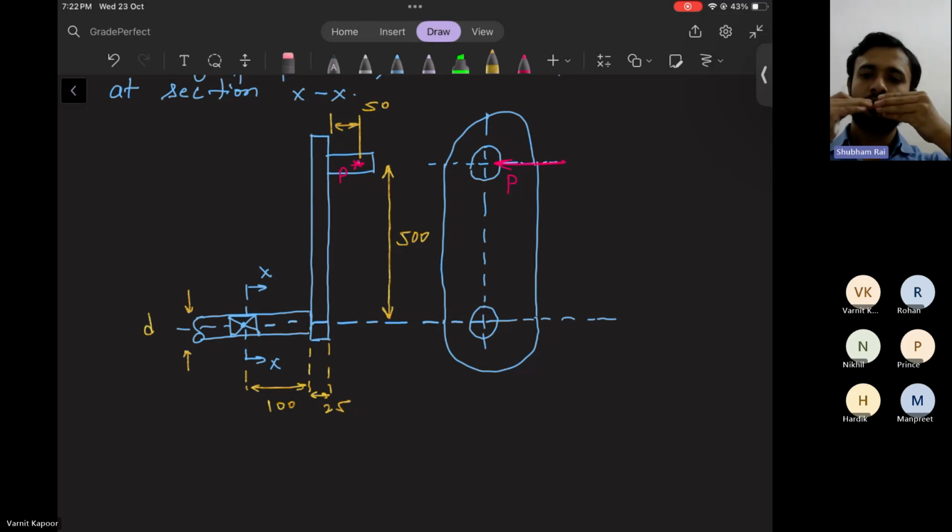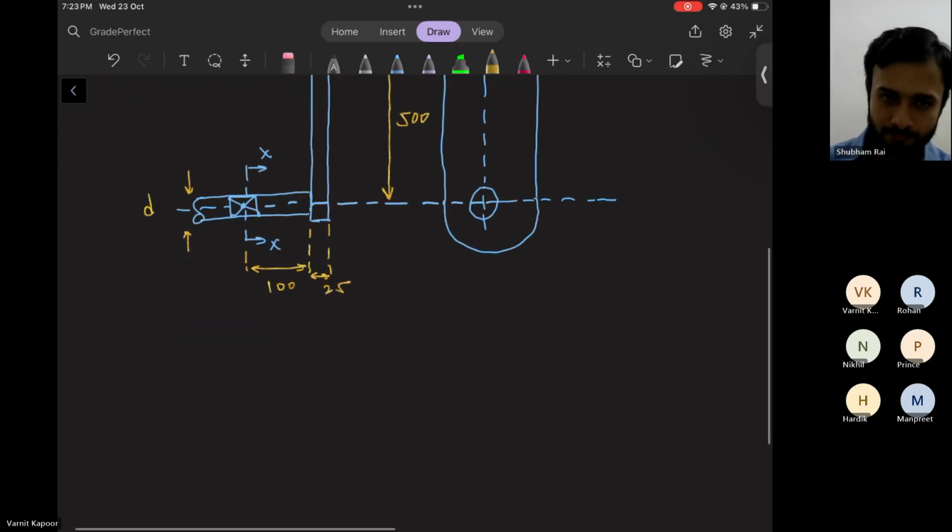At this point of the shaft, there will be some reaction due to this force, and this reaction will act like this and bend the shaft. It will do bending and twisting of the shaft. So here we have both bending and twisting in this shaft which has a diameter d. So let me do the solution.